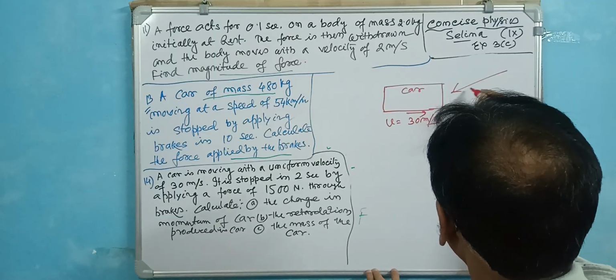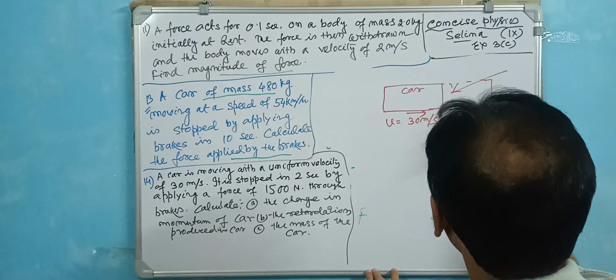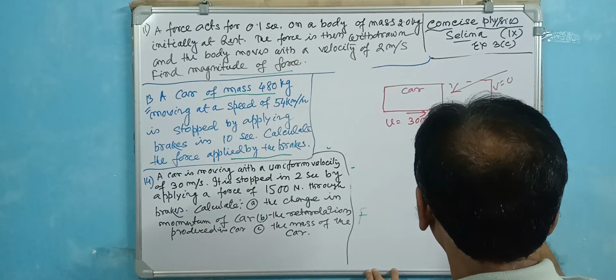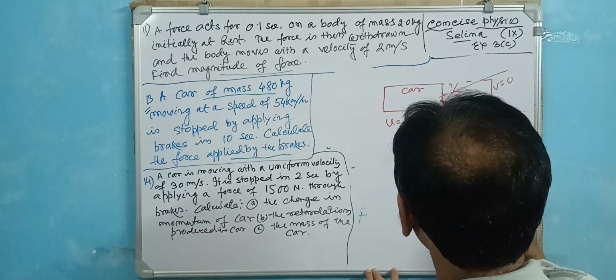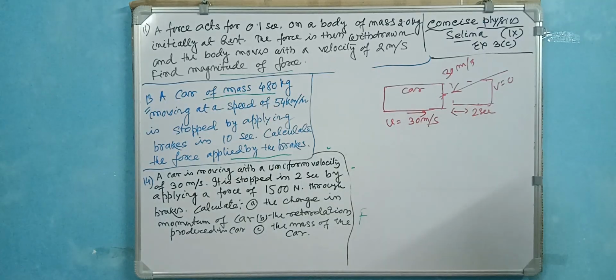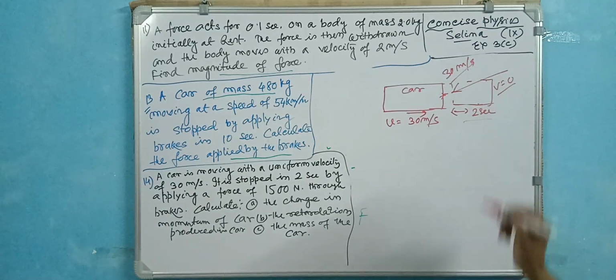The brake is applied, stopped in 2 seconds, that means here it is stopped. That means here v is 0 in this time, which is 2 seconds. Here u is 30 meters per second. What is the concept developed? You know u, you know v, you know time. The brake is applied.